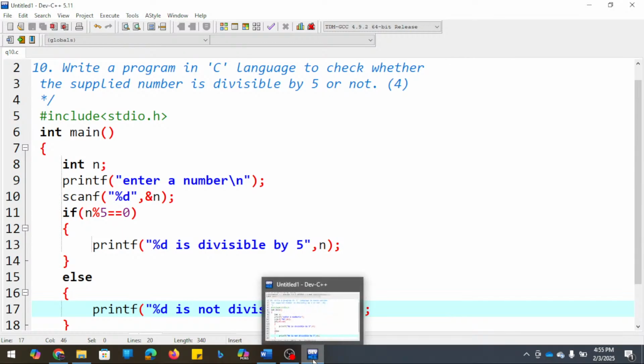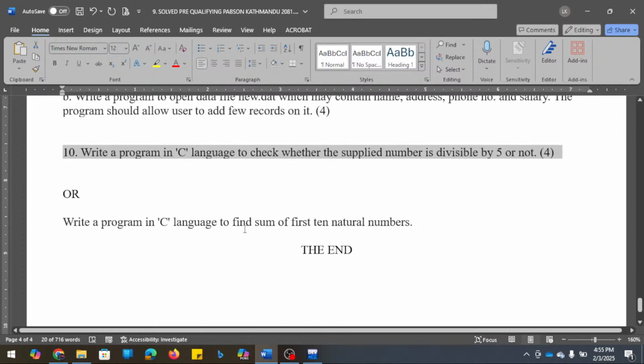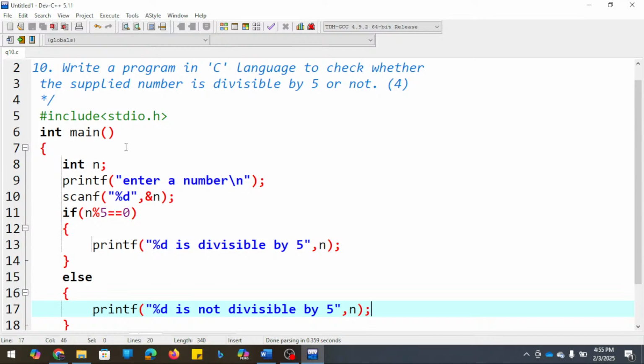Now let's go with the second question. What is the second question? To find the sum of the first 10 natural numbers. Yes, so let's go for it. Let's open a new file.